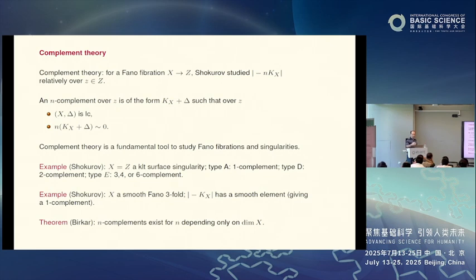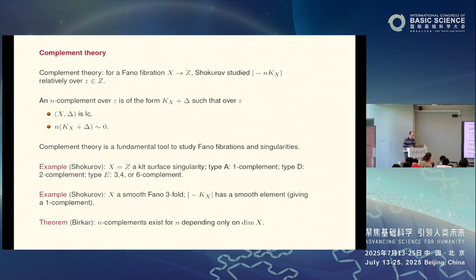You don't want to take n to be too large and too arbitrary, because even if you work in dimension 2 and you take n so that minus nK becomes very ample, then n can be totally arbitrary. It can be millions, billions, there is no bound. Then that's not very interesting. It's more interesting if you can take some relatively small n, but still capture the essence of the geometry. So this is what complement theory is about.